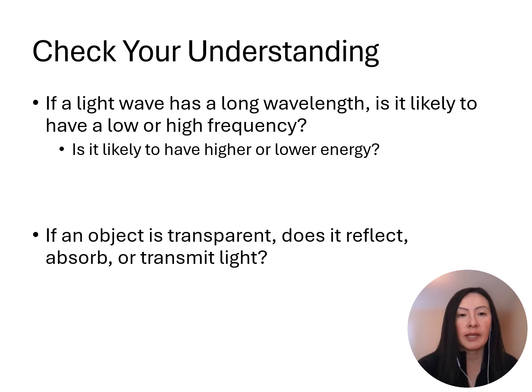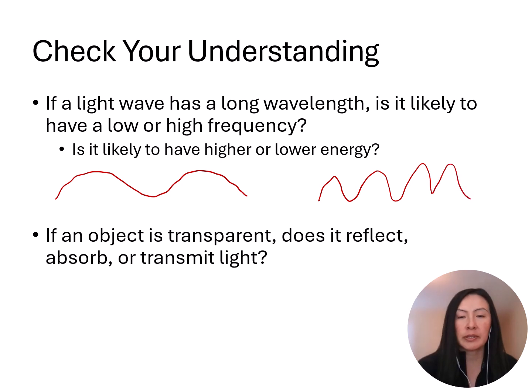All right, let's try this checkpoint. If a light wave has a long wavelength, let's draw two, that one versus this one. Remember, the wavelength is from the peak to the next peak, so that's one. Here's another wavelength from here to there. If it has a long wavelength, is it going to have a low or high frequency? Right, frequency is per unit time, right?